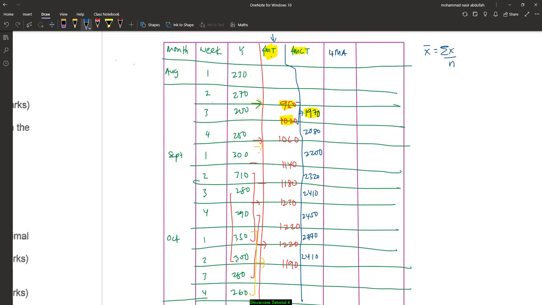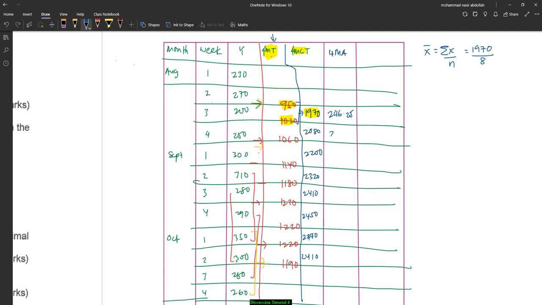So this is the total, 1970. So how many n here? There are 8 n, right? There are 8 numbers in this. So 1970 divided by 8. This one should be 246.25. Right? We do the same thing for all.